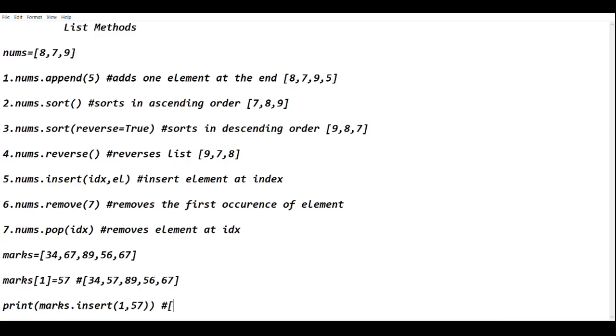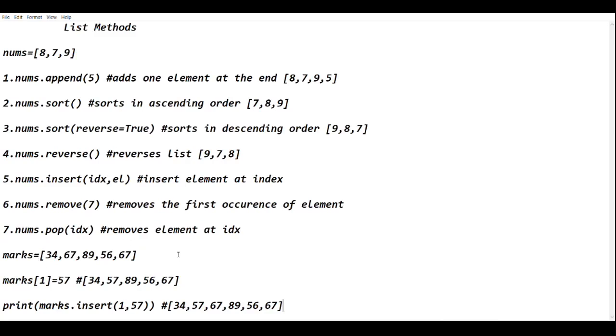So it will give this answer: 34, 57, 67, 89, 56, 67. So with the insert method, the length of the original list is 1, 2, 3, 4, 5.